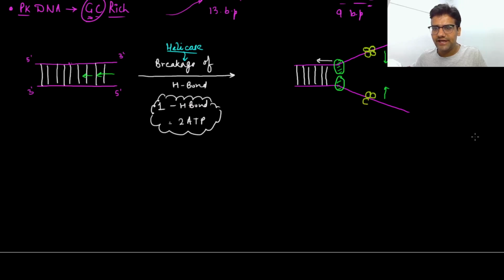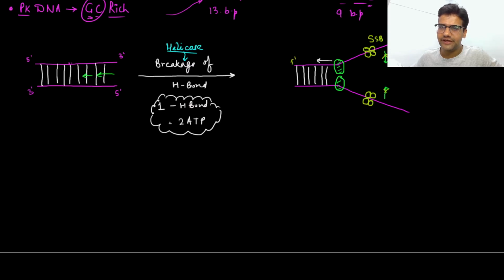This enzyme, single-stranded binding protein, prevents the hydrogen bonding between the already apart single strands of the DNA. So this single-stranded binding protein will not let that happen. That means this DNA will not come together. Otherwise there would be a lot of problems.